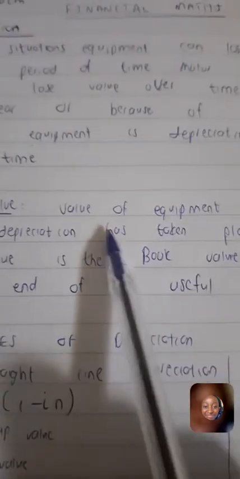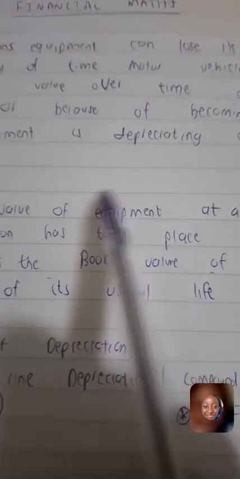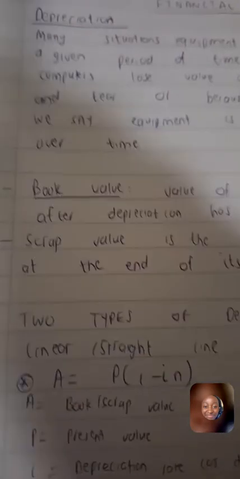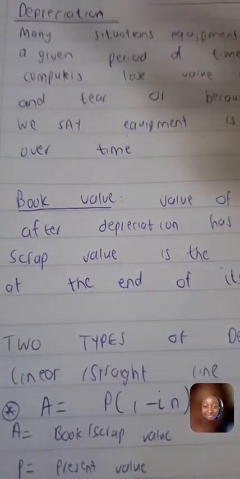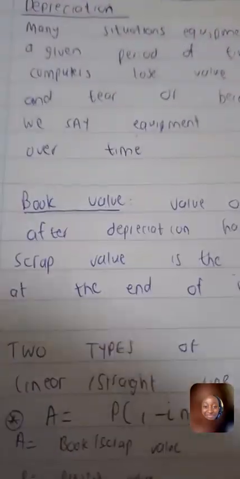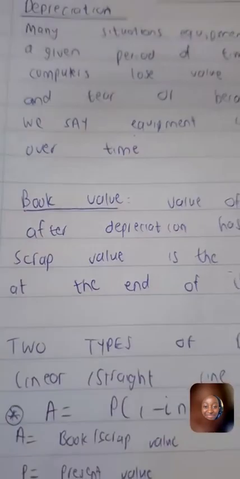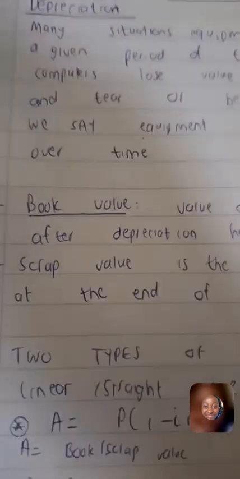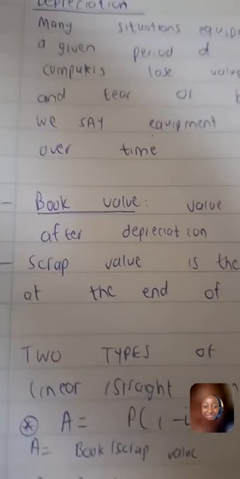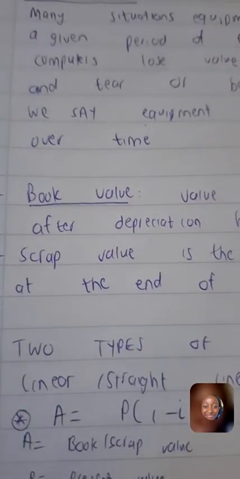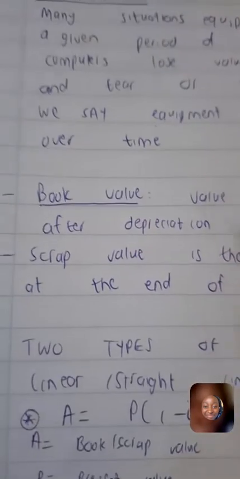The book value is simply the value of a particular item or equipment at a given time after depreciation has taken place. So the minute something loses its value, let's say I have this car, like I said, I bought it for 200,000. In 2 years' time, I cannot sell that car at 200,000. I actually sell that car at a much lower price, maybe 100K, right?